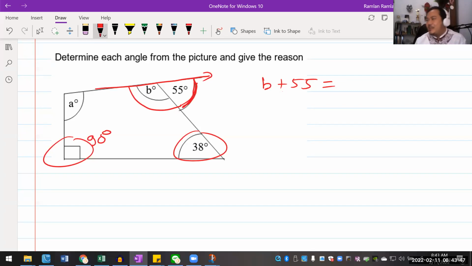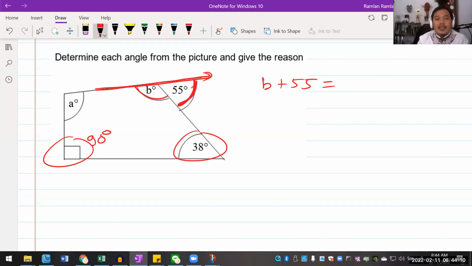Oke, selain Nadia mungkin boleh yang lain. Kayaknya Arkan mau ngasih tahu nih. What do you think, Arkan? This is a straight line, and then we have angle B, and then we have angle 55.